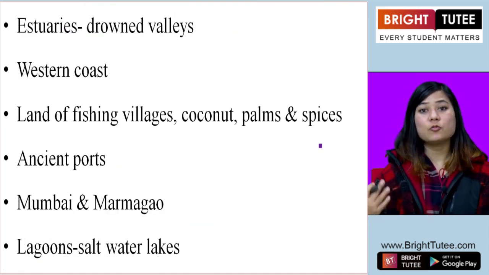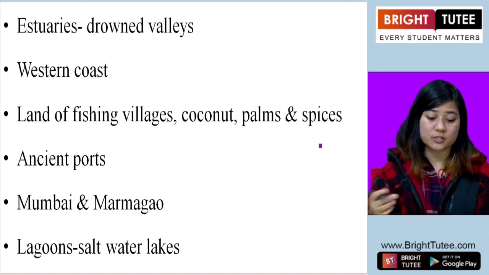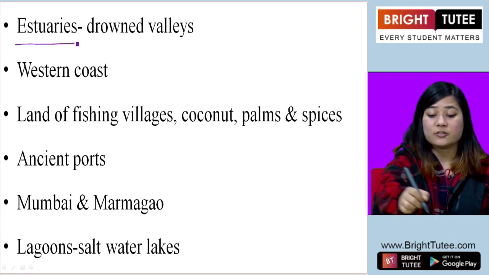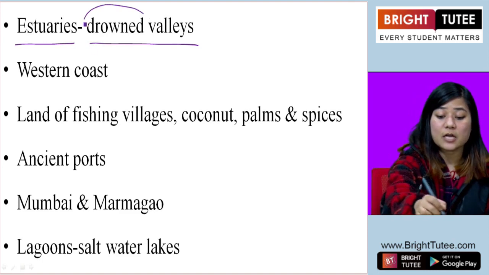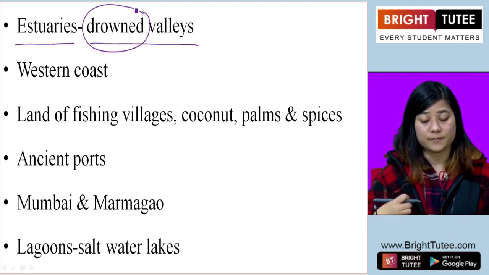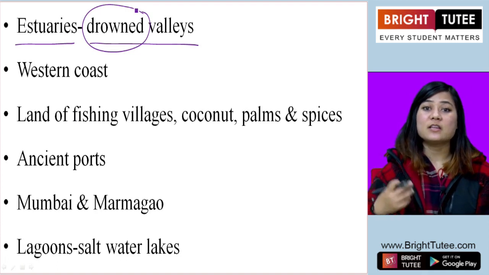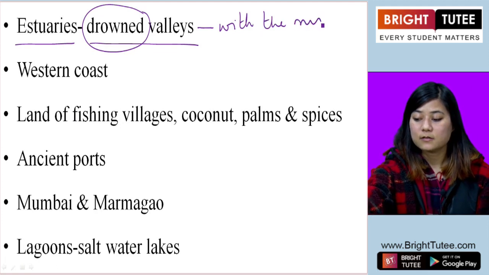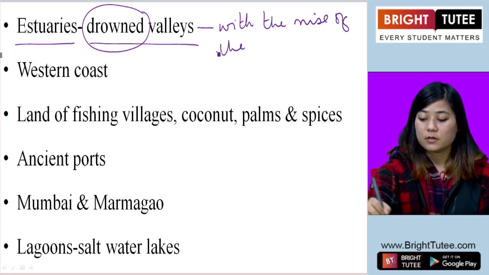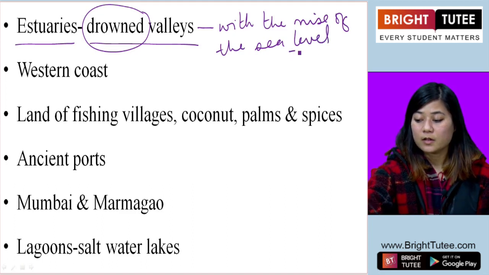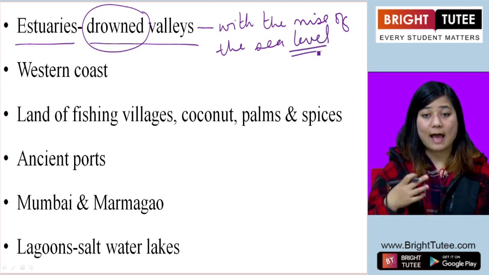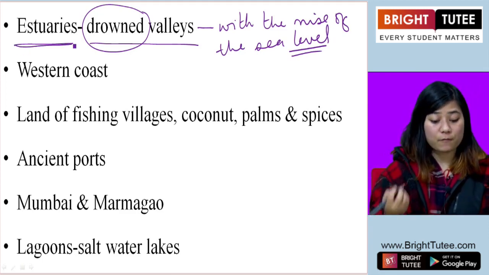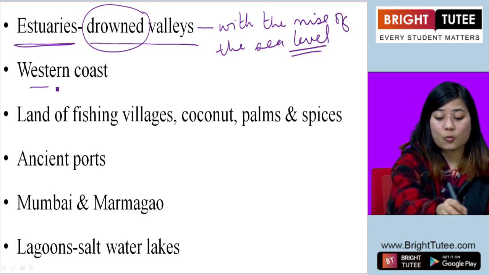Now this western coastal plain has various features. The first one is called estuaries. Okay, estuaries are drowned valleys. Drowned meaning which are under the water. Okay, so over time with the rise of the sea level, the valleys have been drowned, have gone under the water, and as a result of that estuaries are formed, and this can be seen in the western coast.